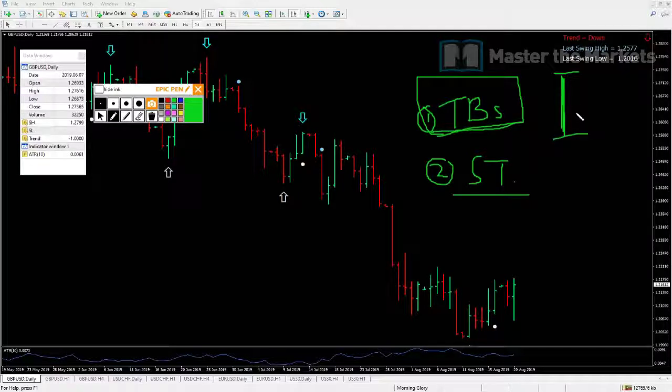One is the next vertical bar making a lower low, like that. Or a higher high and a higher low. Or we can get an inside bar, or we can get an outside bar, right? So there's only four ways in which the market can move in terms of a vertical bar representation.